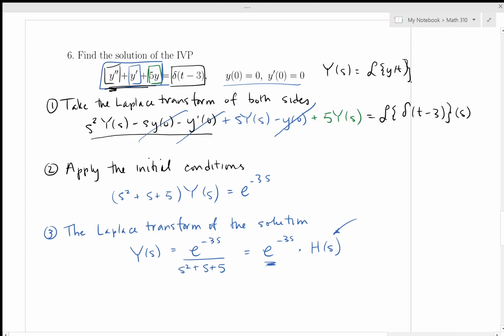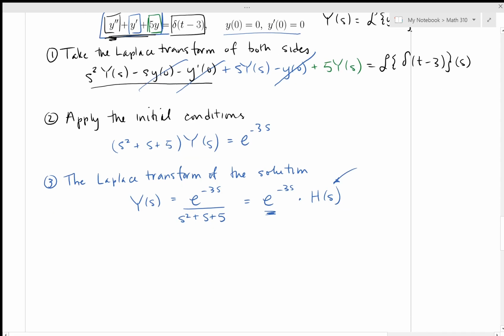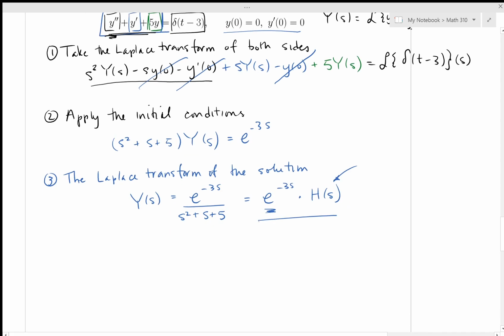So I'm going to be able to use this separation to compute the inverse Laplace transform of Y of s. From once I've separated like this, my thought process is that y of t is going to be u3 of t times h of t minus 3.